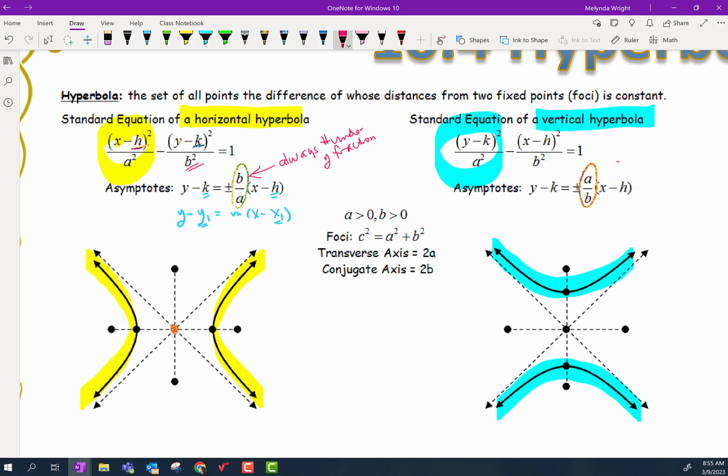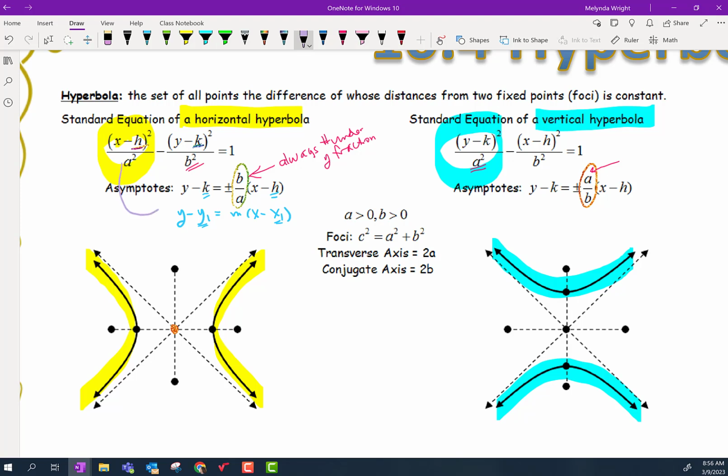Over here, it's the number under the y fraction, which in this case happens to be a. So the top number of the slope is always the square root of the number under the y fraction. The bottom number of our slope is always the square root of the number under the x fraction.